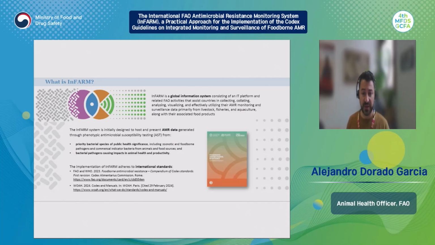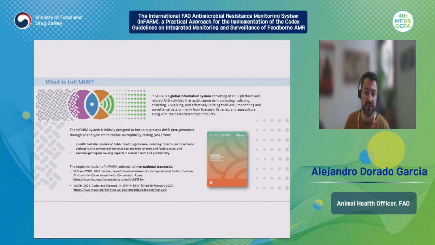And INFARM is a global information system consisting of an IT platform and related FAO activities that assist countries in collecting, collating, analyzing, visualizing, and effectively utilizing their AMR monitoring and surveillance data, primarily coming from livestock, fisheries, and aquaculture, along their associated food products.